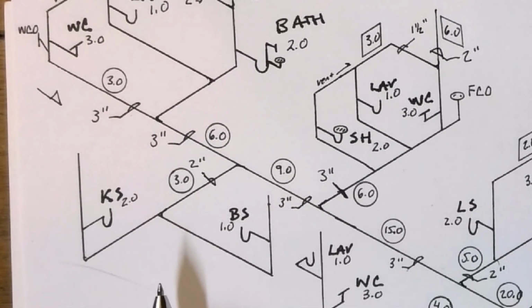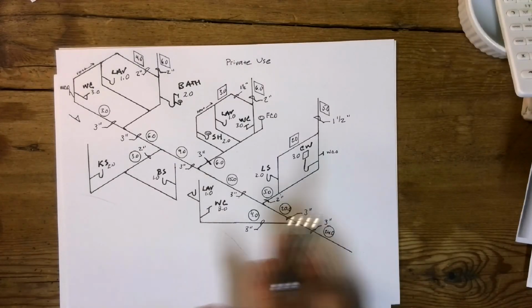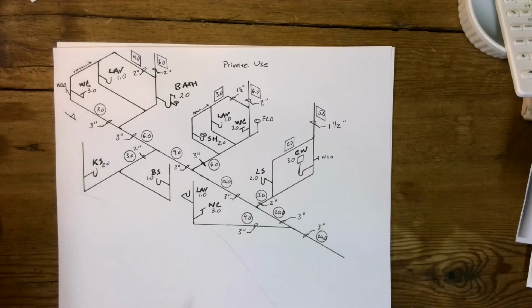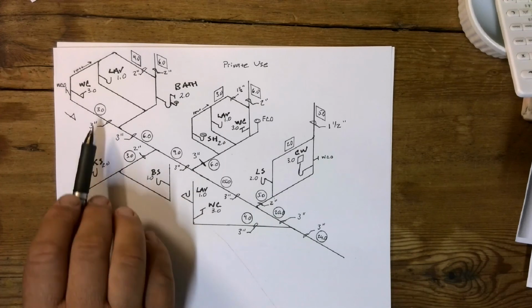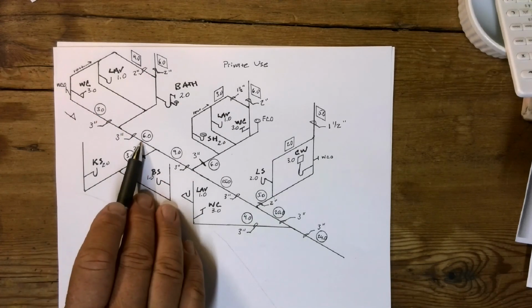So I believe that should be it for the lecture on sizing a waste and vent system. It's comparatively easy, and you just look at the system just upstream: 6 fixture units.